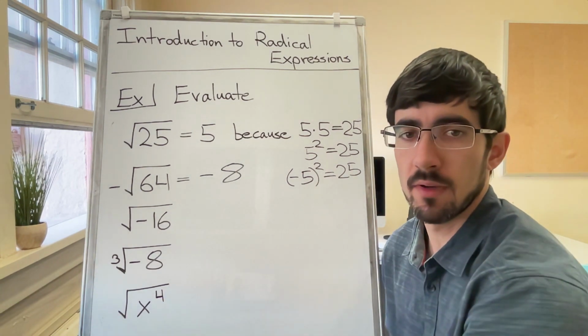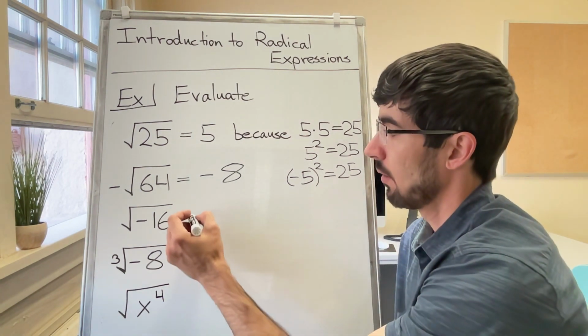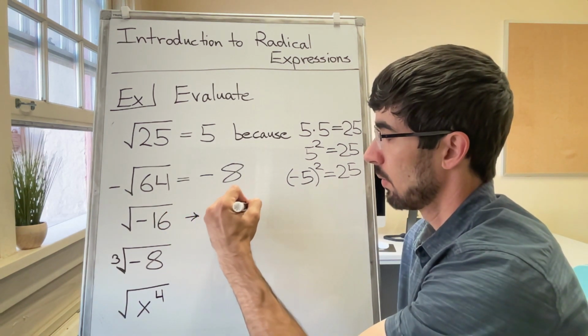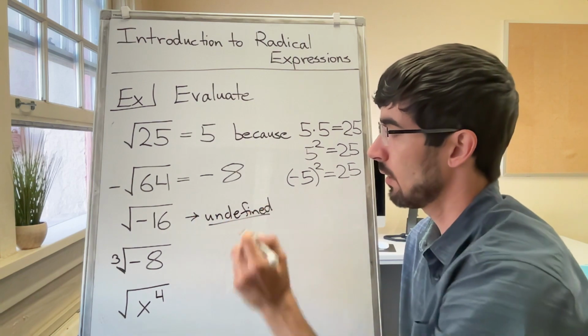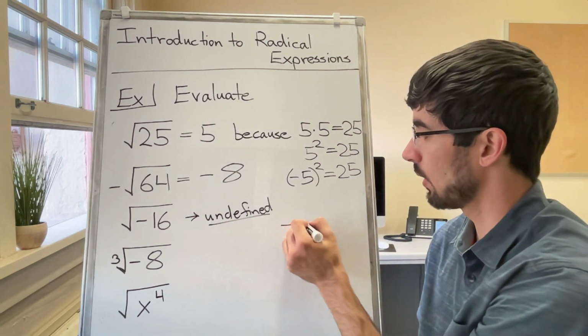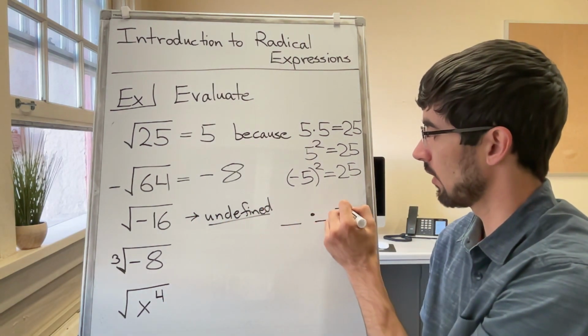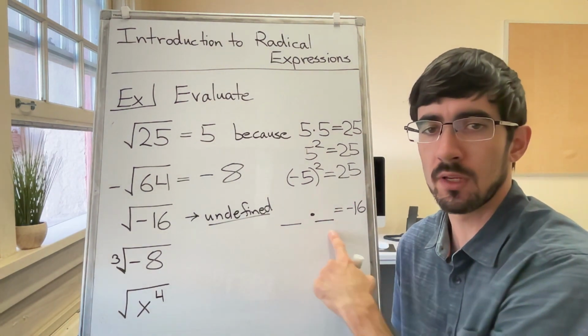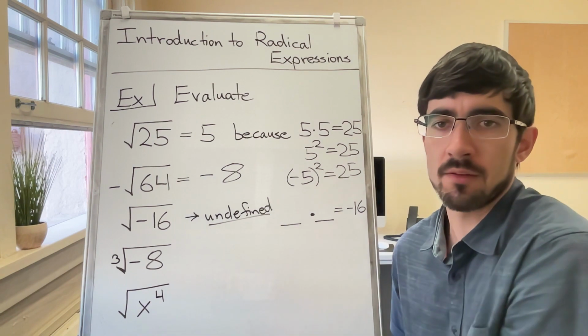Now what about this one? The square root of negative 16. This one is undefined because if you think about squaring a number, we cannot multiply a number times itself to make negative 16. If I put positive 4 in here, 4 times 4, that's positive 16.